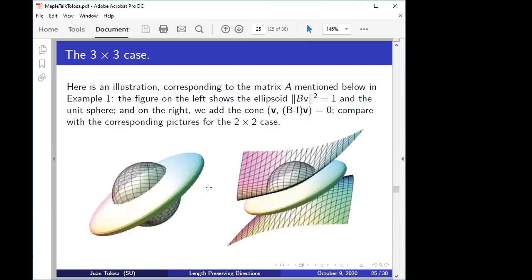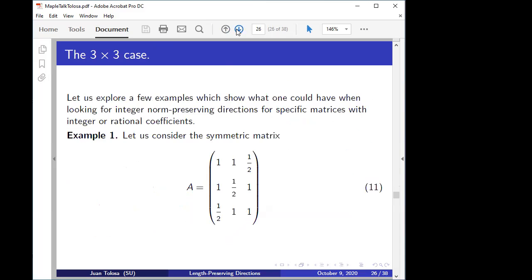So the corresponding picture now in 3 dimensions is you have an ellipsoid intersecting the unit sphere, and the cone passes through the intersection of this ellipsoid with the sphere. So let's consider some examples to see what one would expect.